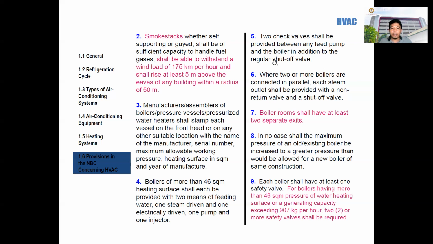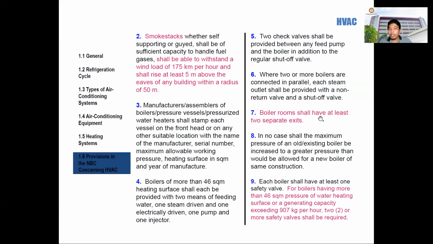So if you have a boiler, you should have at least two check valves installed in each boiler. And then where two or more boilers are connected in parallel, each steam outlet shall be provided with a non-return valve and a shut-off valve. So this is the provision from the National Building Code.